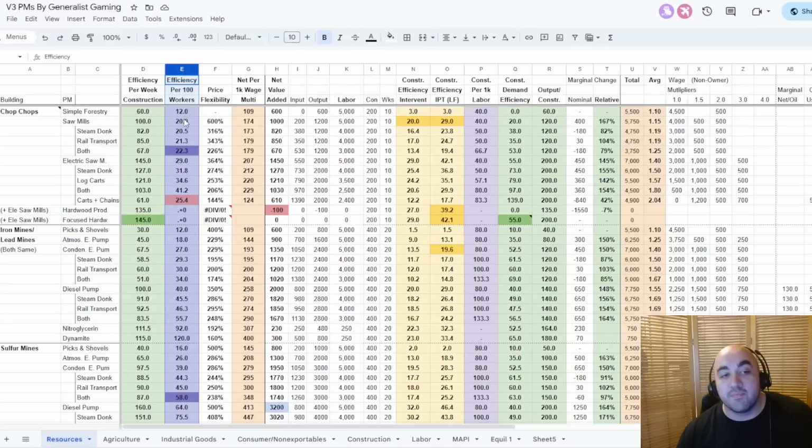And we could see that those sawmills are only giving 20 efficiency per 100 workers. So we're taking the net value added and dividing it by the amount of laborers. And so this is not as good as condensing engine pump anymore.